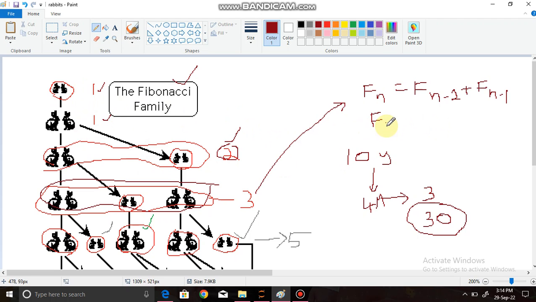So this is f0, this is f1, and this is f2. f2 here is 2 and f1 is 1, so you get 3 pairs.